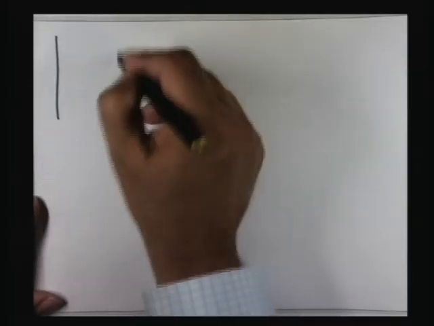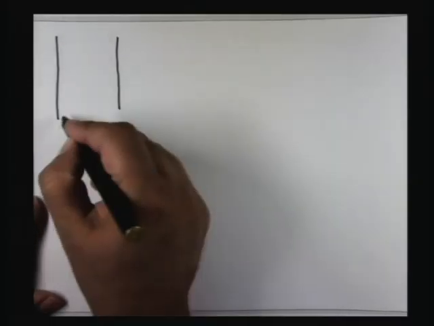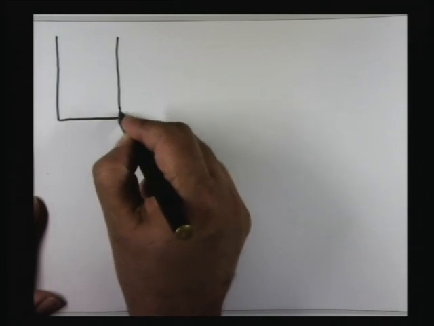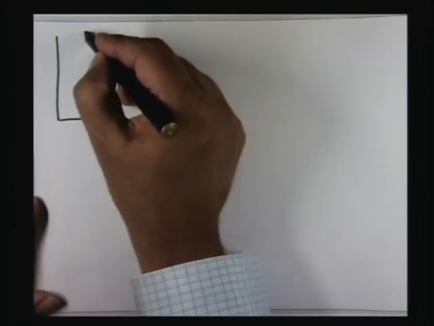Now let us consider another case where we have a cylindrical tank. So this is the central line.